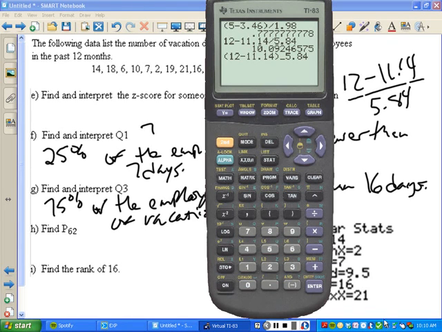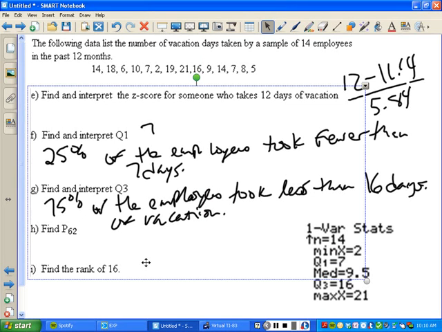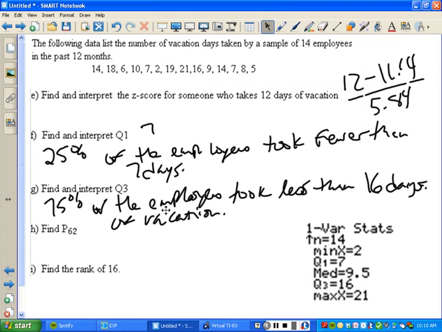Okay. 0.147. That looks much better. Okay. So how do I interpret 0.147?